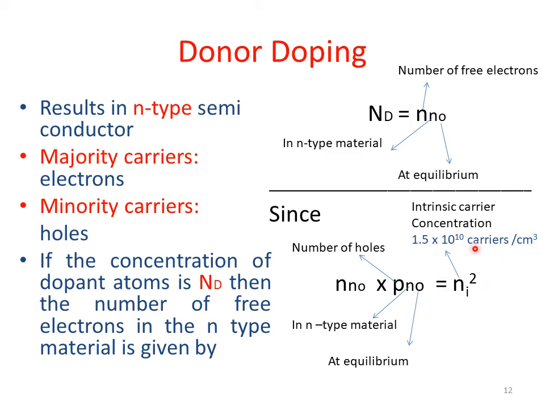We read this in the previous slide. Okay, so we can say that if I know the value of Nn naught, because it is equal to the number of dopant atoms, and if I know the value of ni for silicon, then I can easily find the number of free electrons and free holes which are present in an n-type material at equilibrium.